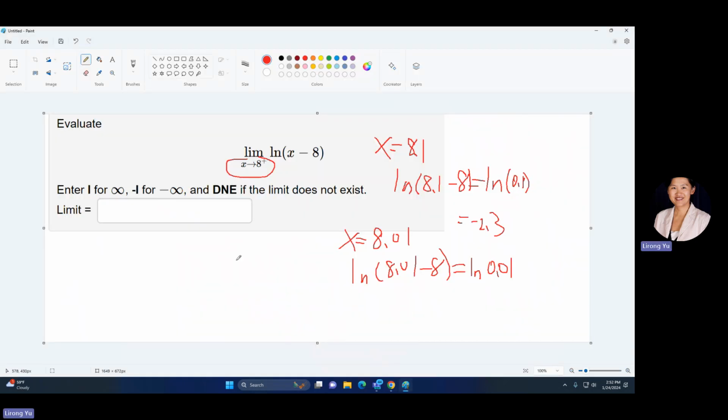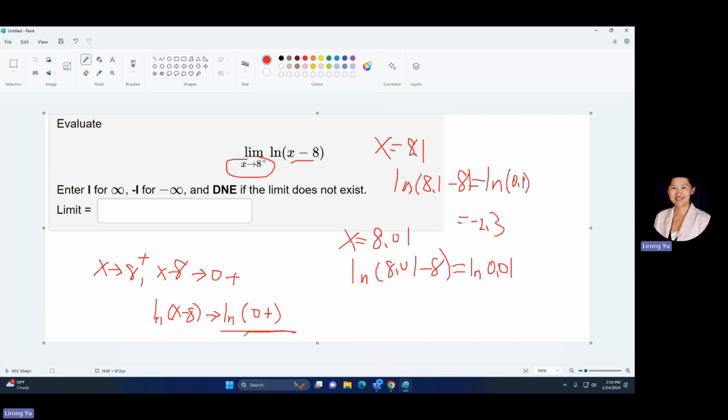And logically, it's a little hard to explain. So you have x approaching 8. So x minus 8, which is that calculation, would be approaching 0 from the positive side. Then ln of x minus 8 would be approaching ln of 0 from the positive side.